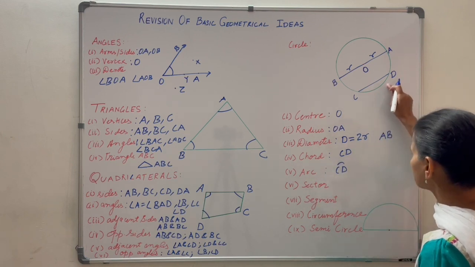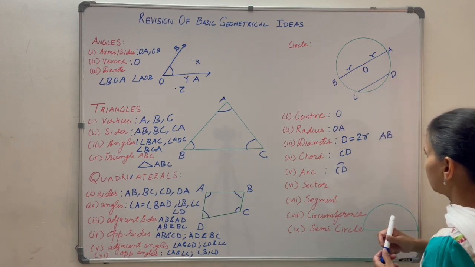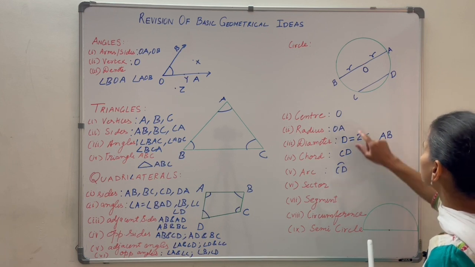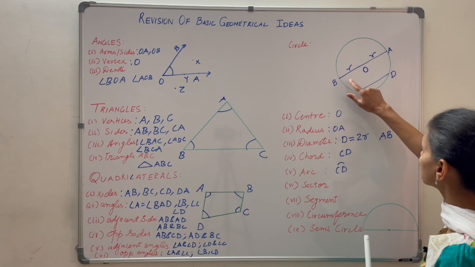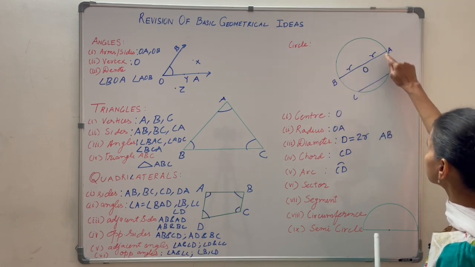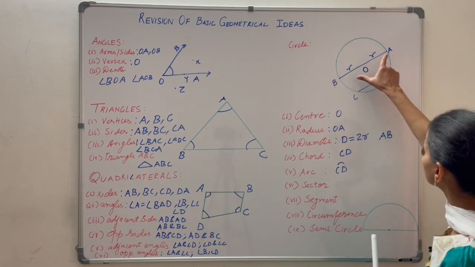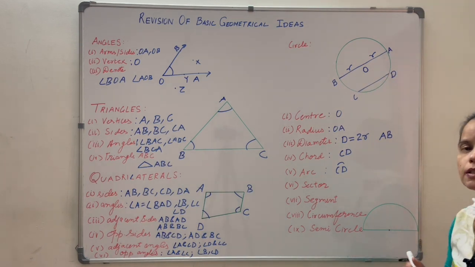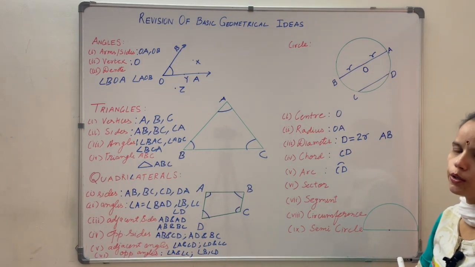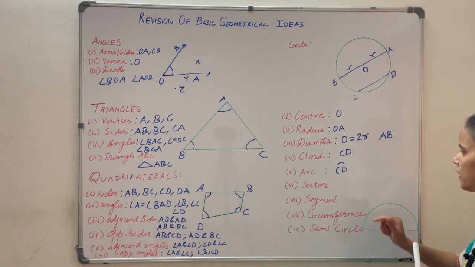When we talk about chord, you can see in the diameter A and B, they lie on the circle and AB is the line segment that connects the 2 points. So AB, the diameter, is called the longest chord of the circle.